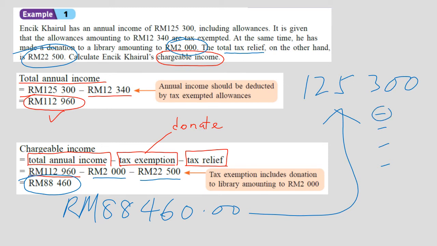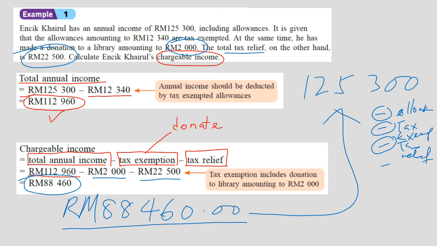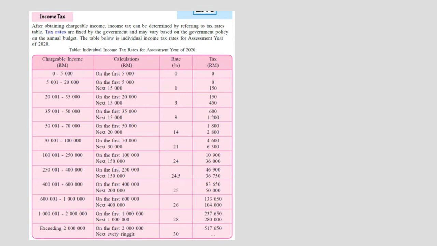First we minus the allowances, and then we minus the tax exemption, and then we minus the tax relief. You see? So it's only 88,460. Okay, now you can calculate how much is the income tax.